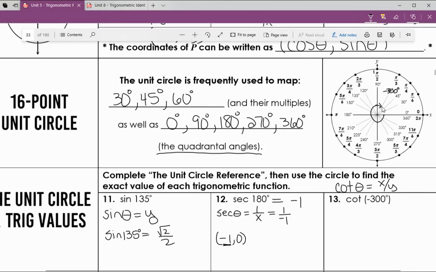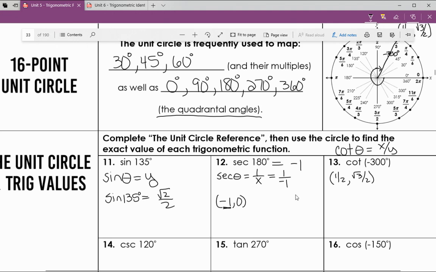Okay, so since I am terminating here, I'm going to follow that line to that point. I'm going to grab 1/2, radical 3 over 2, because is that not the point associated with that spot? Okay, so my x and y values are 1/2, radical 3 over 2. And I'm going to have to set up an x over y ratio. So x is 1/2.